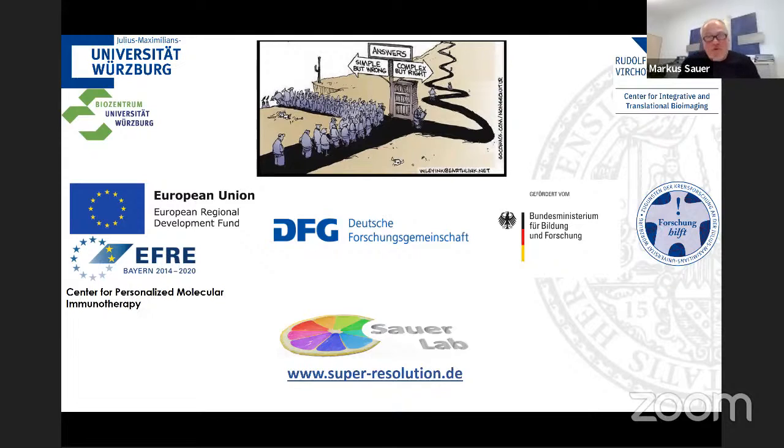I'm aware of a paper from Christian Eggeling's group, a nice paper in ChemBioChem, where they demonstrated that different organelles are differently expanded, so at least different expansion factors. The only advice I can give is that you have to test your protocol carefully for your target of interest. You have to optimize each step of this expansion protocol.